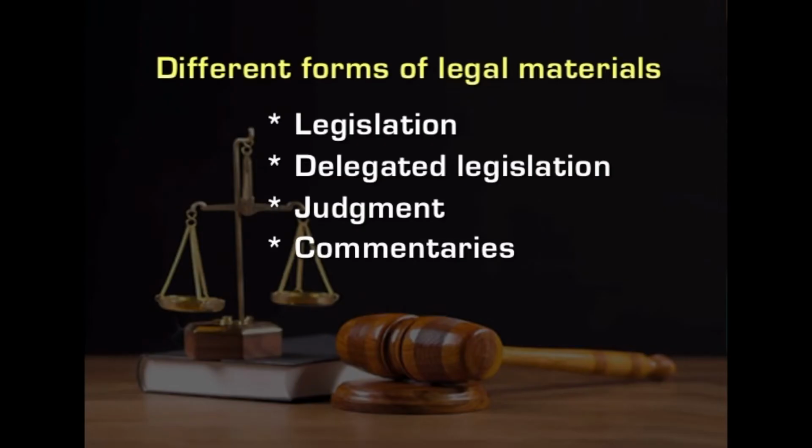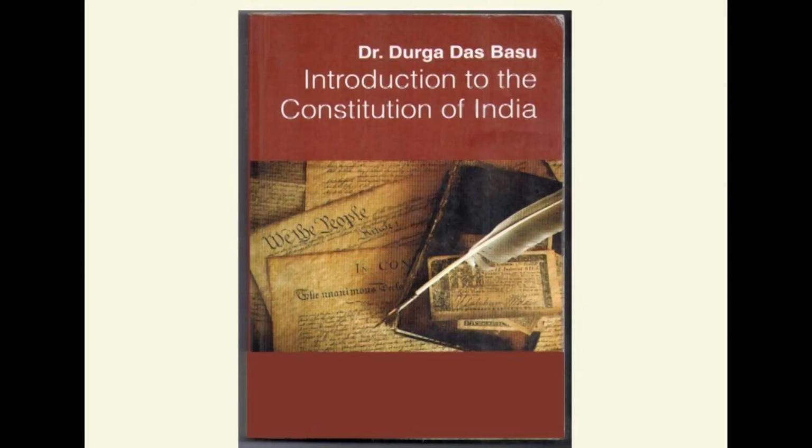Apart from that, the legal material also may be in the form of commentaries. For instance, Durgadas Basu has written commentaries on the Constitution of India running into almost 30 volumes, which is a voluminous work and a scholarly work in every respect, and which gives a lot of information pertaining to law.